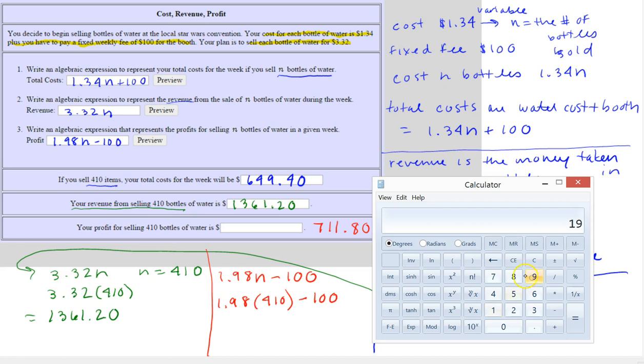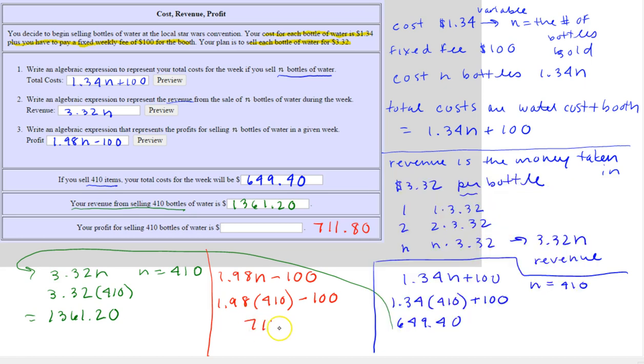So 1.98 times 410 minus, oops, forgot the decimal. 1.98 times 410 minus 100. And notice we get the same result, 711.80. So that's a nice way to check our work to make sure that we've computed correctly and made the correct formula.